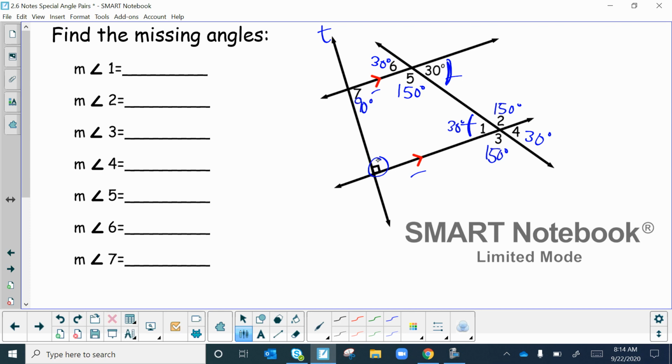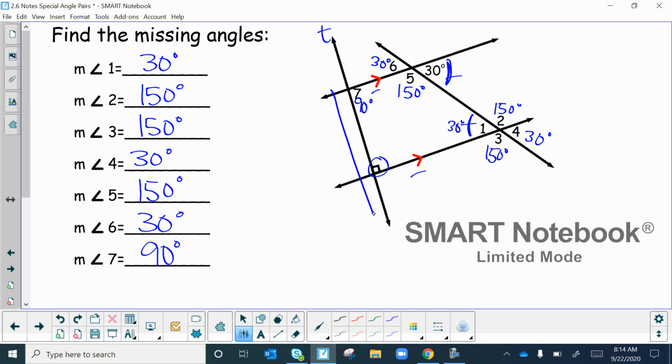So 1 was 30, 2 was 150, 3 was 150, 4 was 30. This is the easy part. 5 is 150, 6 is 30, and 7 was 90 to go with this right here.